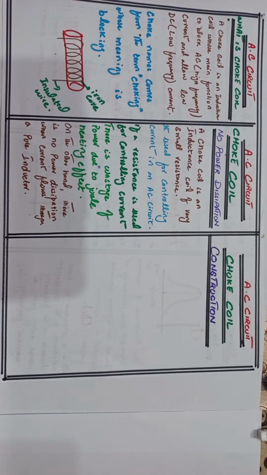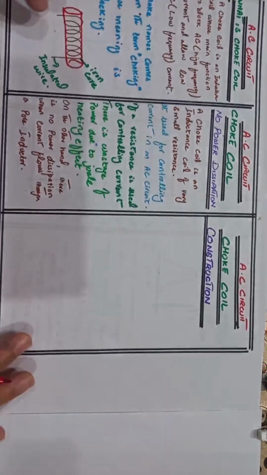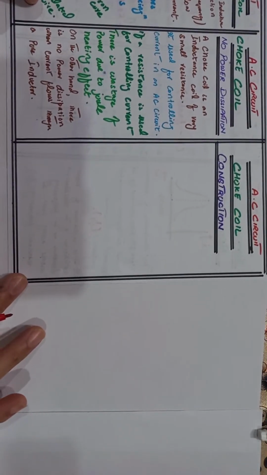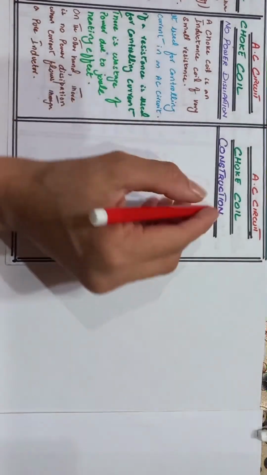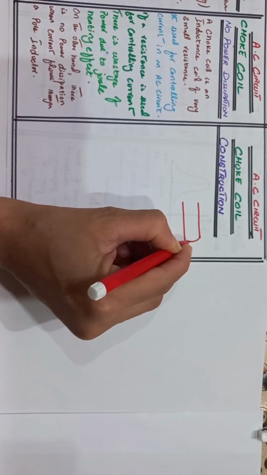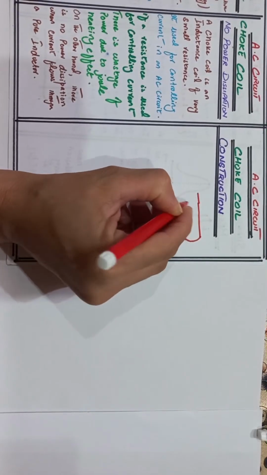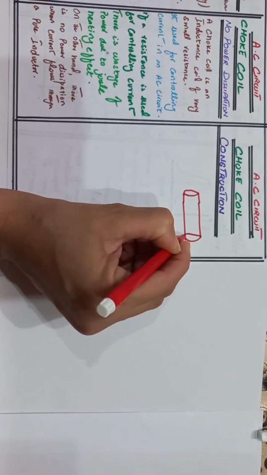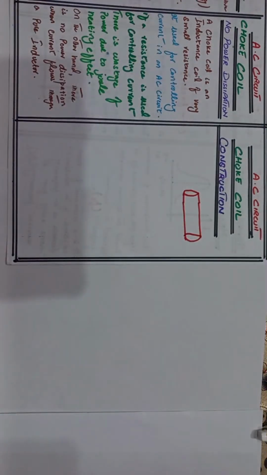So here we draw the diagram of the construction of the choke coil. This is the soft iron core. Why do we use the soft iron core? The soft iron core is basically used to minimize the eddy current loss.